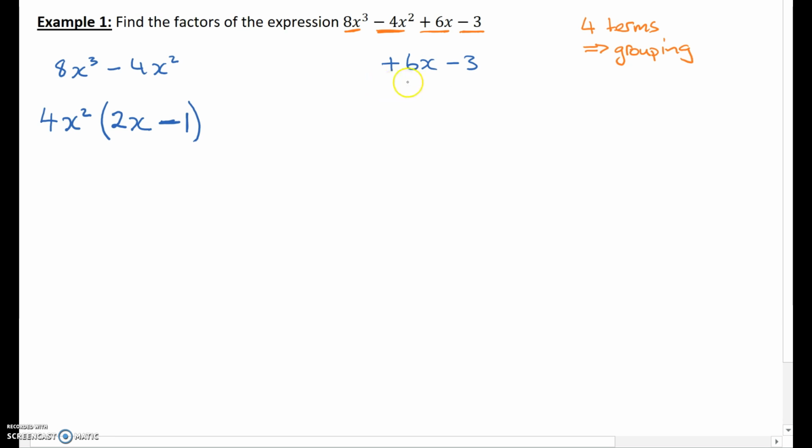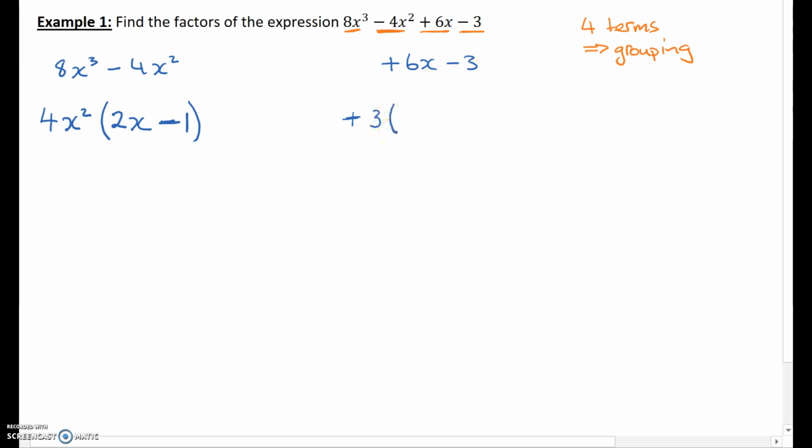And the biggest number that divides into both of them evenly is 3. And we'll make it plus 3 because this one started with a plus 6x minus 3. So we'll make this a plus as well. There's no letter this time because there was an x here, but there's no letter at the end. So there is no letter that appears in both parts, so we don't include a letter here.